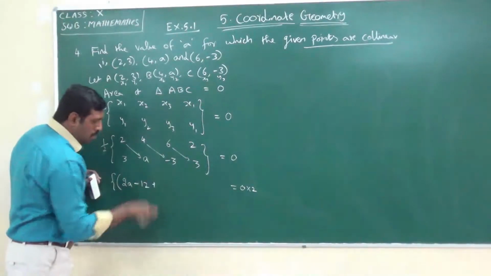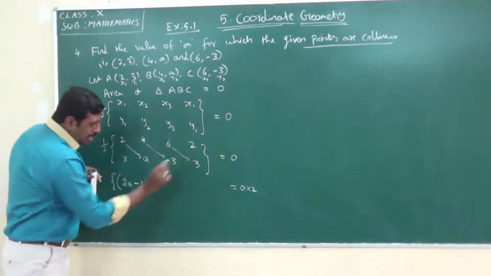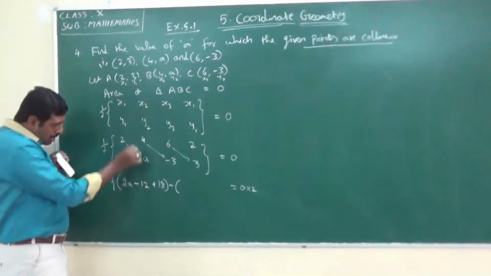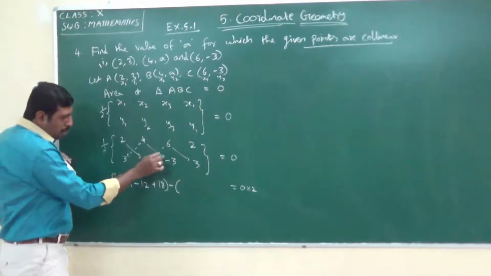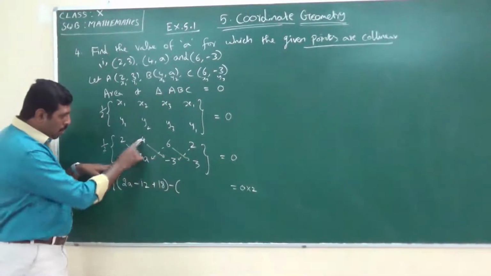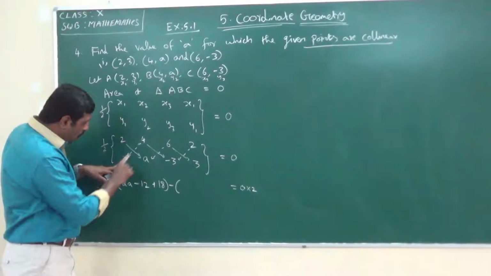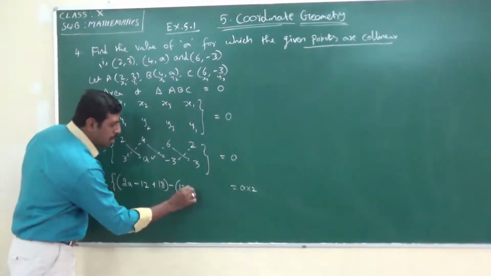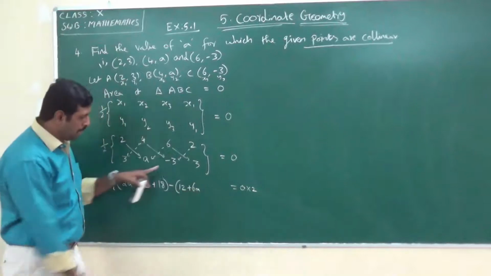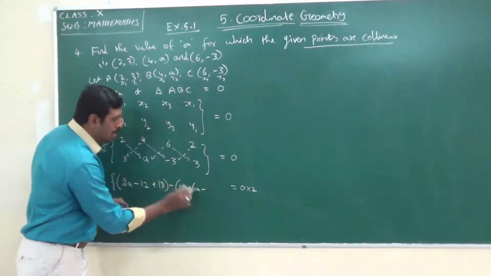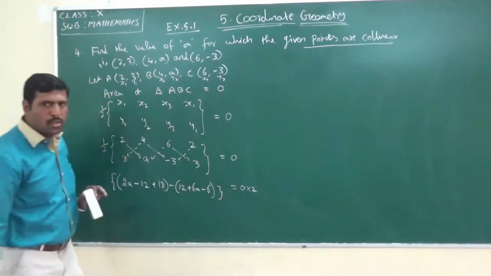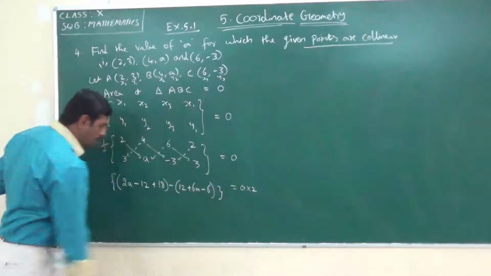Both having the plus symbol, so put plus. 6 3s are 18. Minus of the second term. This is the second term, we have to multiply this. See, both having the plus symbol. 4 3s are 12. 6 into a is 6a. And then plus into minus is minus. 2 3s are 6. This term is equal to 0 into 2. 0 into 2 is nothing but 0.